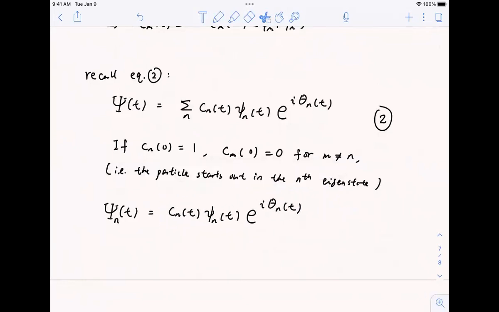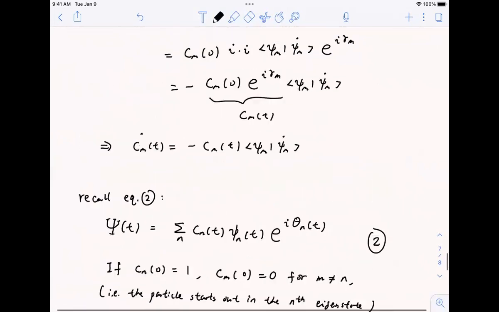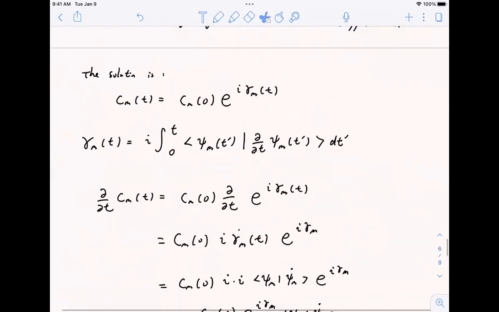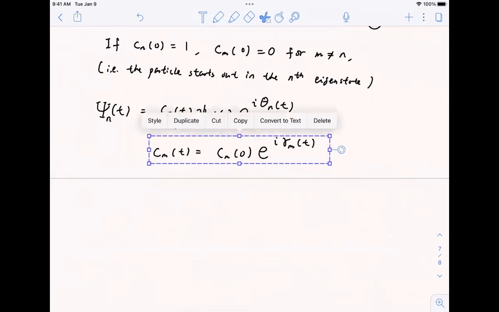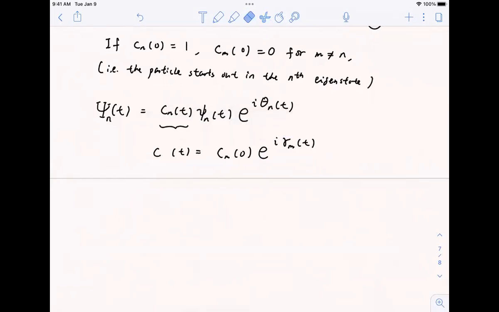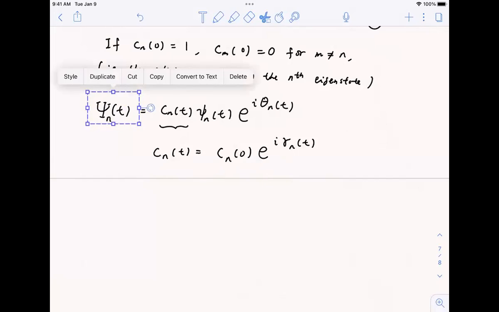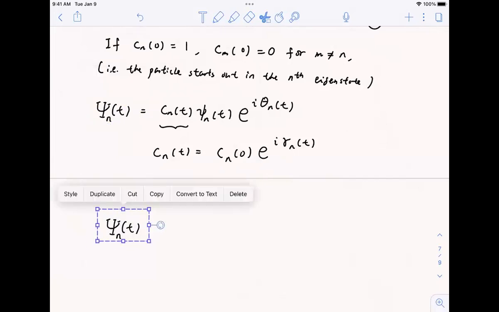So this thing will be this. Of course, you need to change all the m into n. And then eventually you get the wave function at any time.